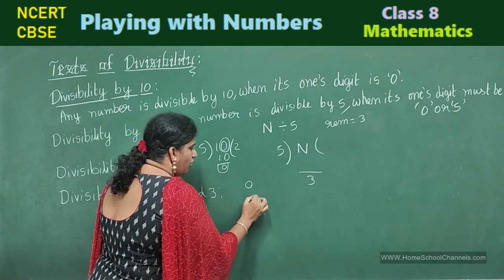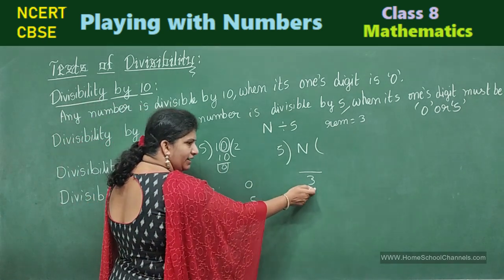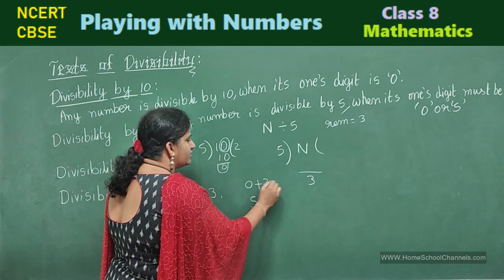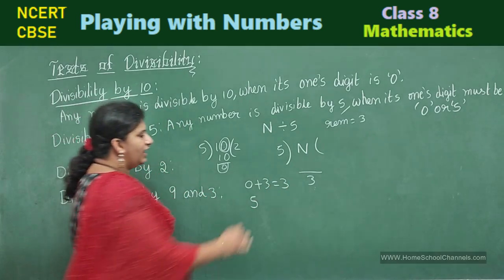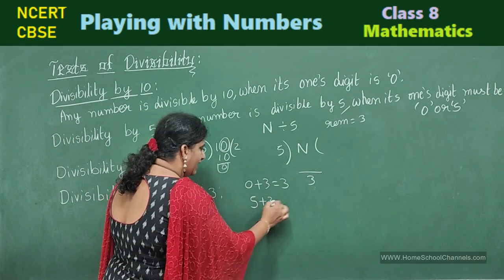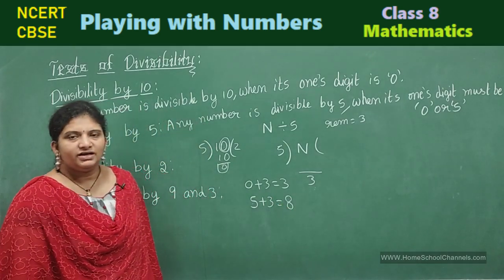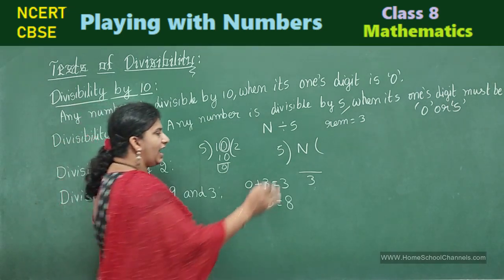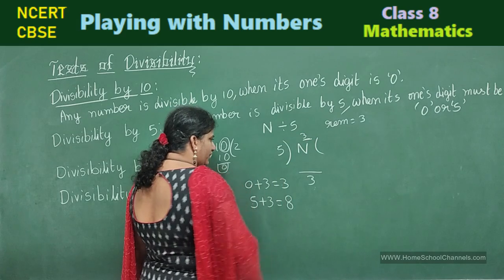Now, leaving a remainder 3, add it: for 0, 0 plus 3 is 3. And for 5, again add the remainder: 5 plus 3 will be 8. So the ones digit might be 3.